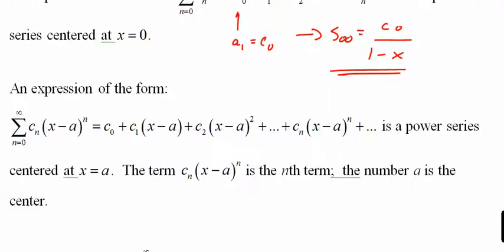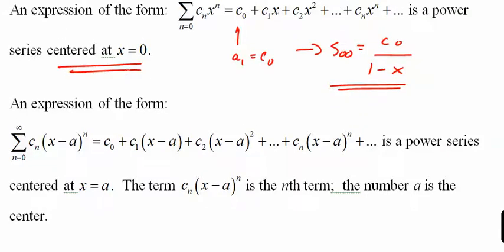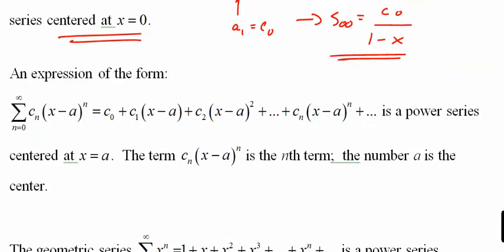And this one was centered at X equals 0. We can also center it at X equals A. And that's where you go, huh? Yeah, right. What are we multiplying each time? X minus A. What's our original value? C0 over 1 minus parentheses X minus A.